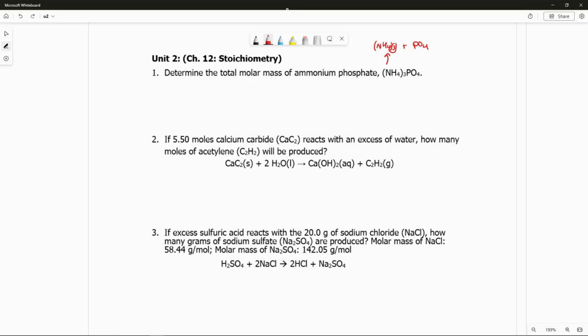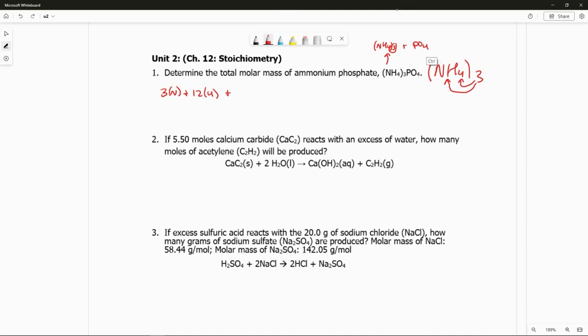So if you do that, we get NH4, 3. The 3 goes to the invisible 1 on the N, and the 3 also goes to the 4 on the H. So this gives us, in the end, 3 nitrogens plus 12 hydrogens, because 4 times 3 is 12, and whatever is on PO4.